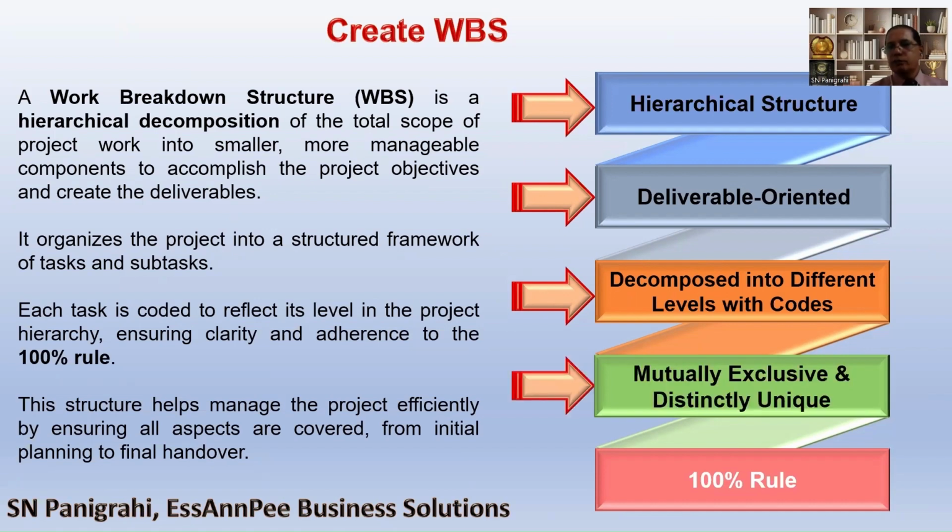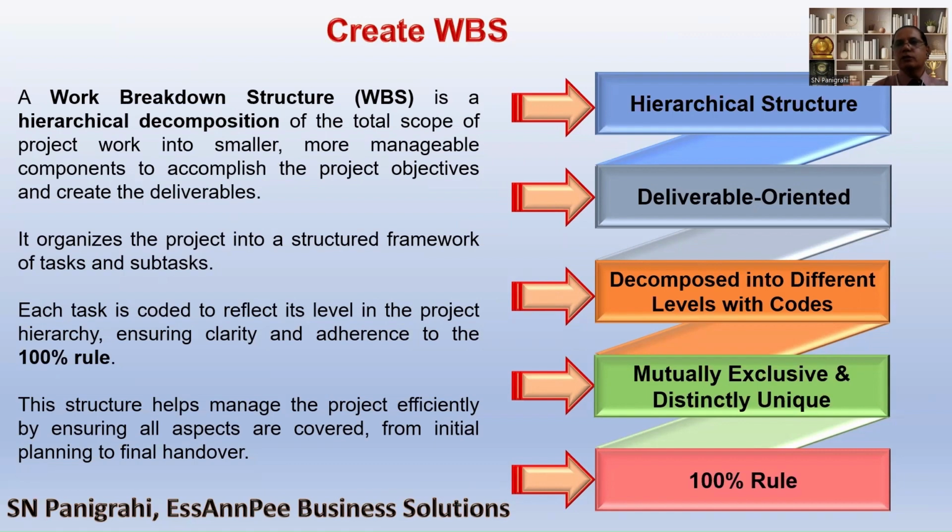Then also it has mutually exclusive, distinct, unique elements or components. And you have to follow the 100% rule. That means the scope of the work stated in the scope statement, all the works supposed to be done in a project, 100% of that scope has to be reflected in the WBS, the work breakdown structure.